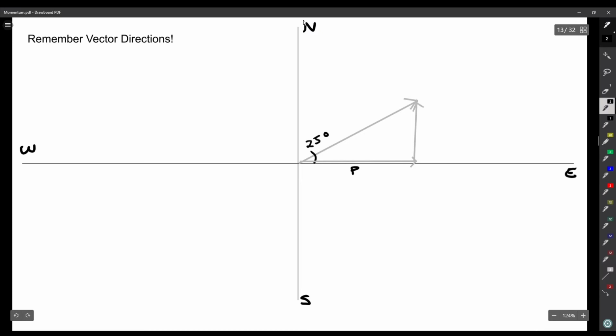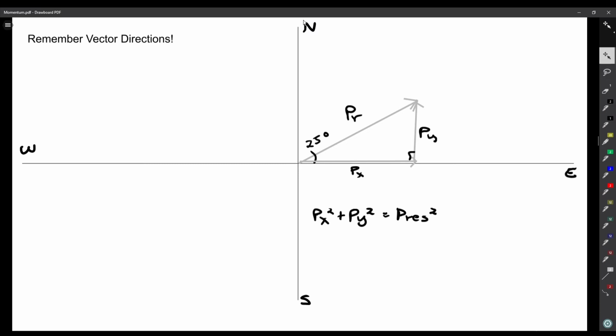So let's say this is px, this is py, and this would make up our resulting momentum or impulse. And in most of these cases, and basically all of these cases, it will be a right angle triangle as a vector. And we will have the Pythagoras theorem that we can use. So px squared plus py squared equals p res squared. And so all our general vector laws apply here.